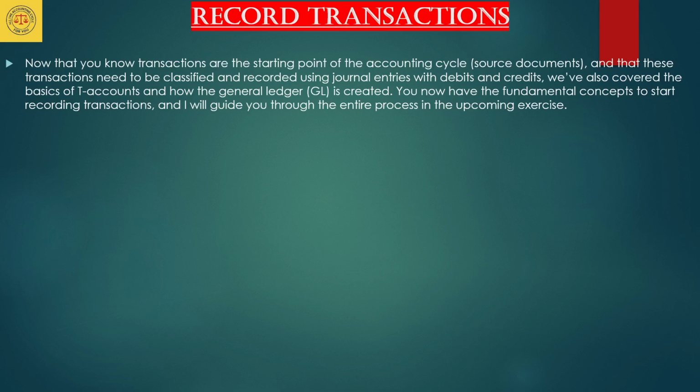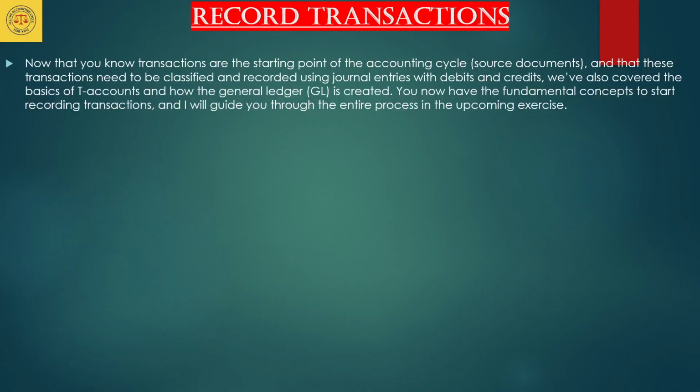Debits and credits that are part of the T accounts. We have also covered the basics of T accounts and how the general ledger is created. We already said the general ledger is created based on journal entries or general journal entries.